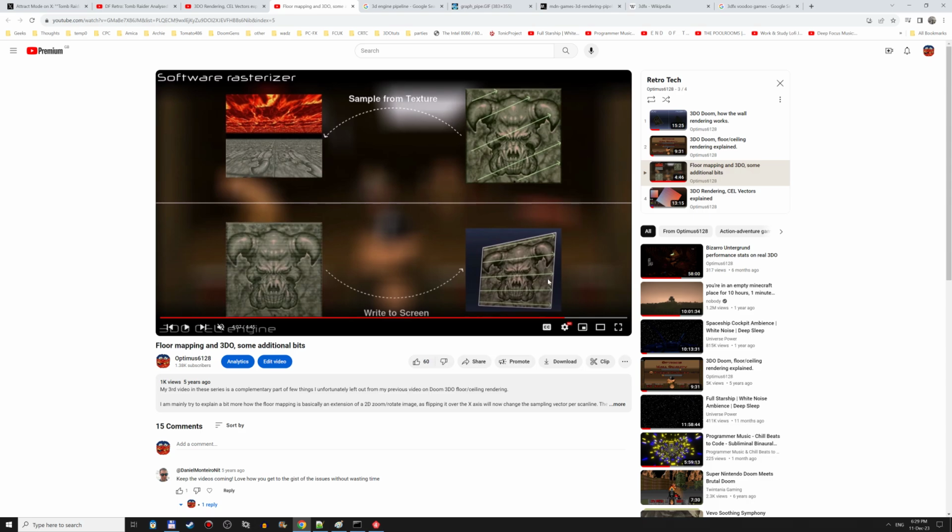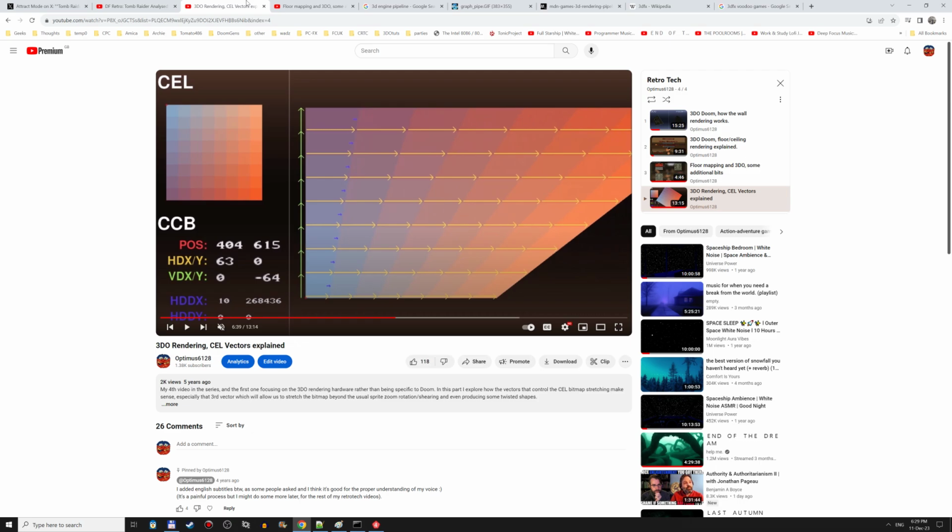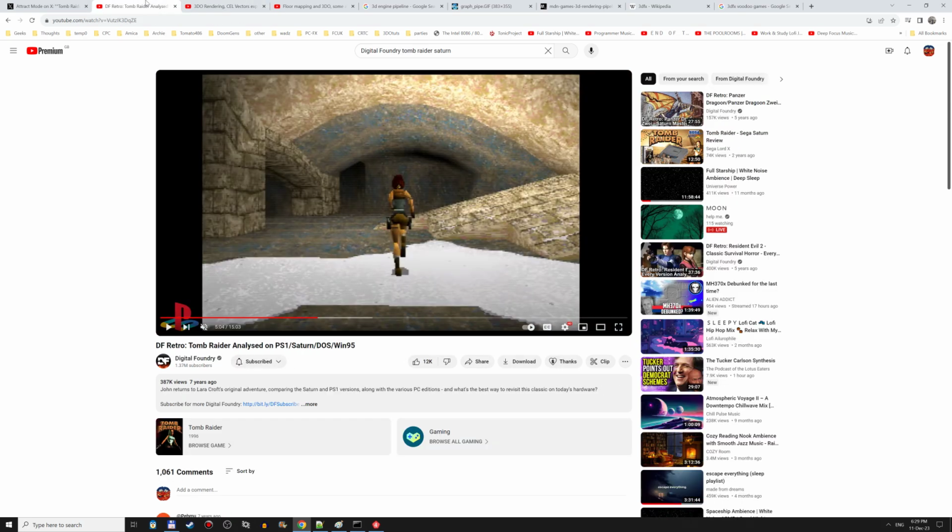There are other problems, and also most 3D modelers would work with triangles. So if you were to port a game from PC or PlayStation 1, you would have to reconvert the triangular meshes to quads. So you would have other kinds of problems.